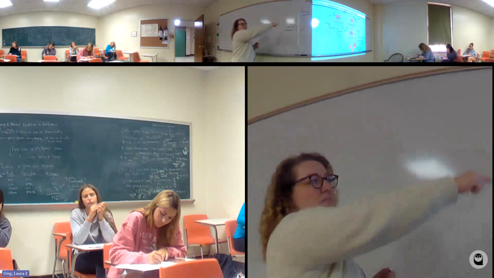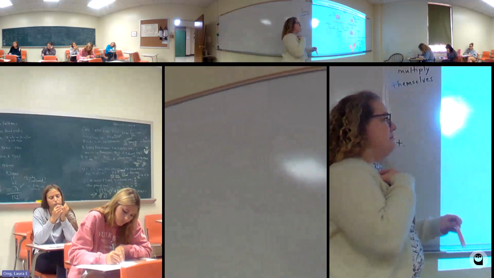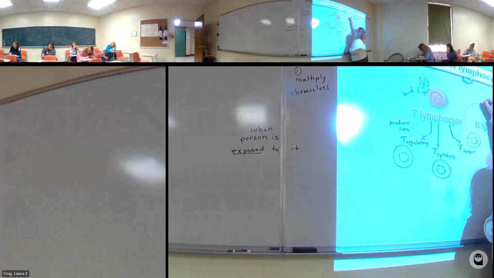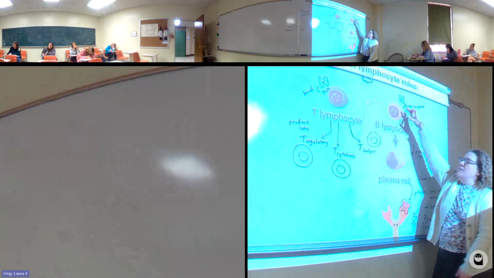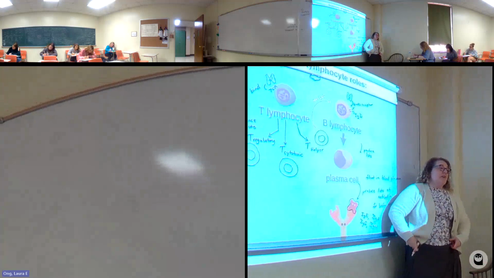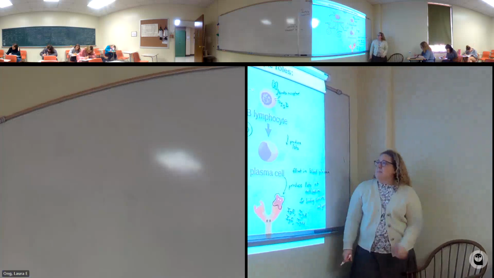So these groups of T cells, they each have a different job of what they're going to do. T helper cells' job is to assist B cells in all of their activation. That's why they're called helper. They help B cells get activated.